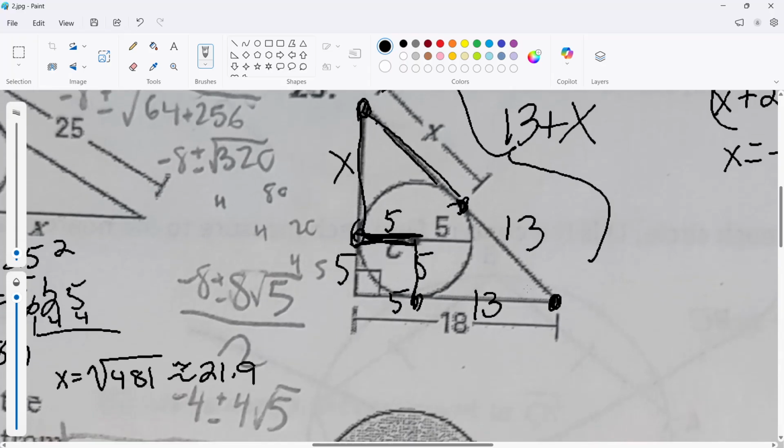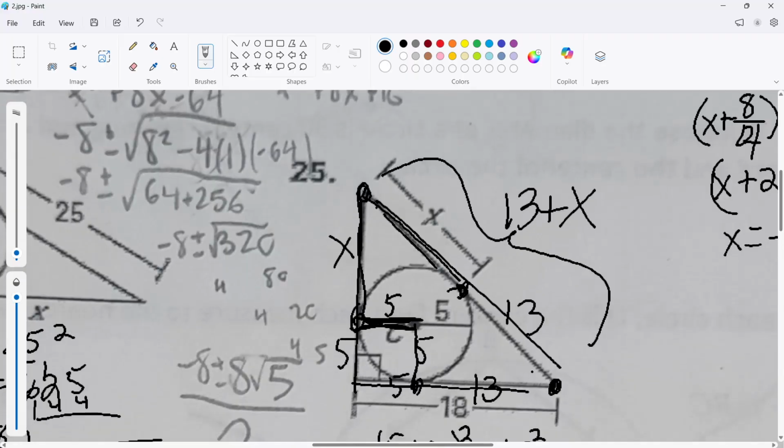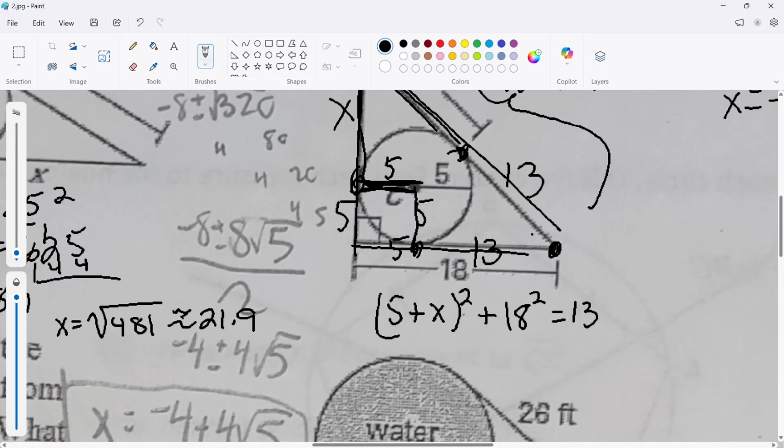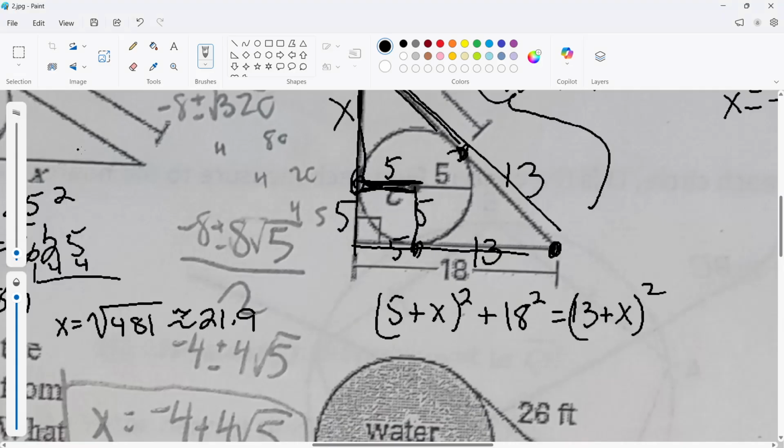So this side is 5 plus x, this side is 13 plus x, that's 18. I can use the Pythagorean theorem. 5 plus x squared plus 18 squared equals 13 plus x squared. All right, I'm just going to use a calculator this time. 18 squared ends in a 4, I know that. 324.